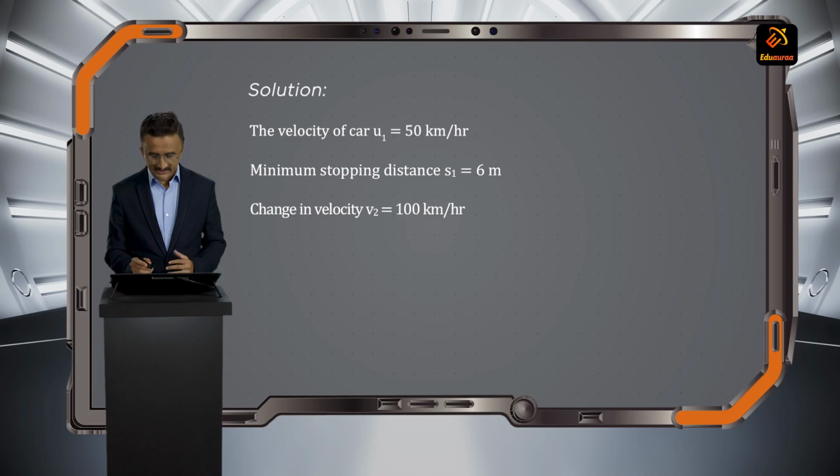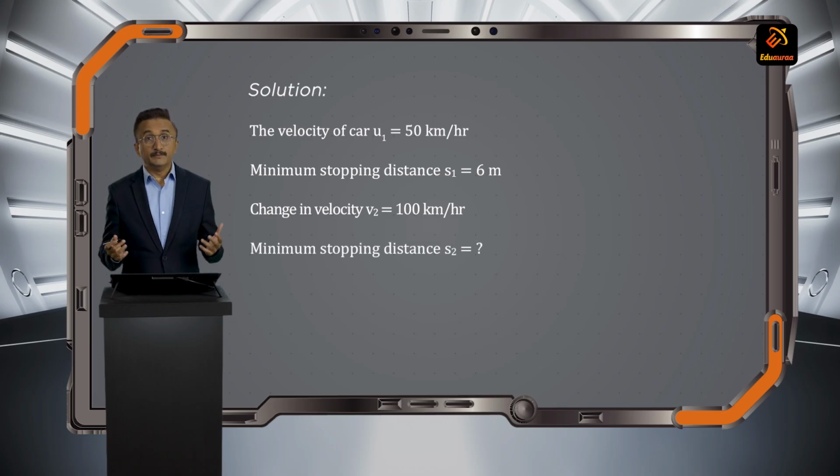So V2 is equal to 100 km per hour. So what is the minimum stopping distance? S2. Clear?